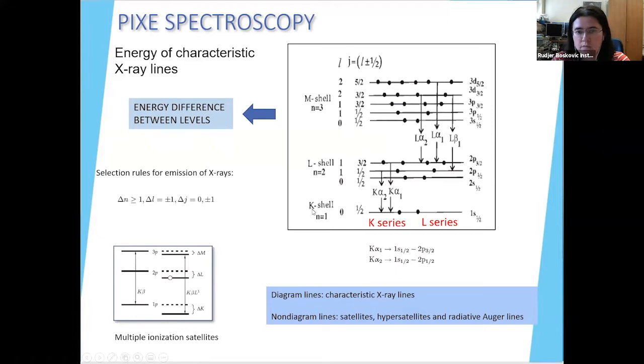In diagram lines, you have a hole in the K shell, but in satellites, you have an additional hole, for example, in the L shell. Because you have two holes, not one, these energy levels will be slightly shifted. This will result in the emission of X-rays which will have slightly different energy compared to your diagram line.